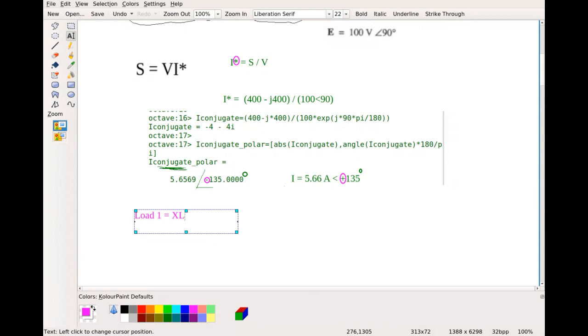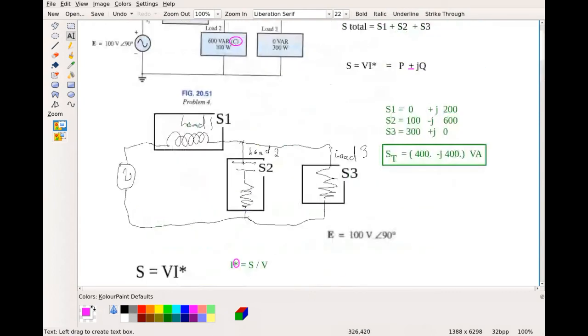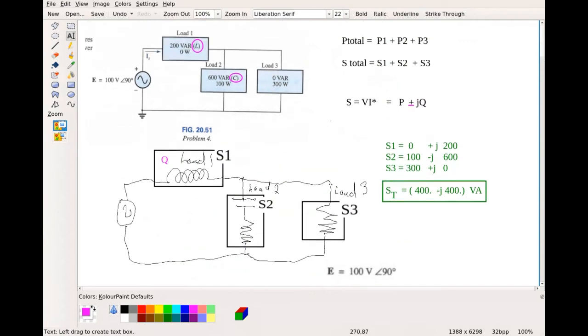We know it's inductive reactance because they told us that, so there's no doubt that is the inductive reactance there. And so that current, okay, so we have Q. They gave us, this was the load, and the Q portion of the load was the 200 VARs.